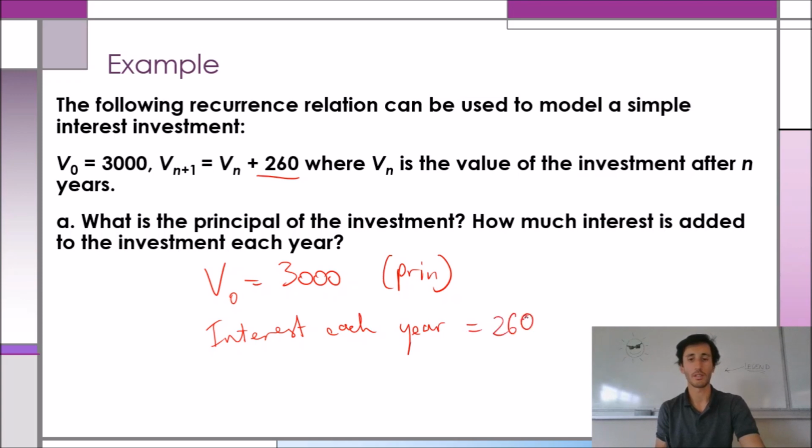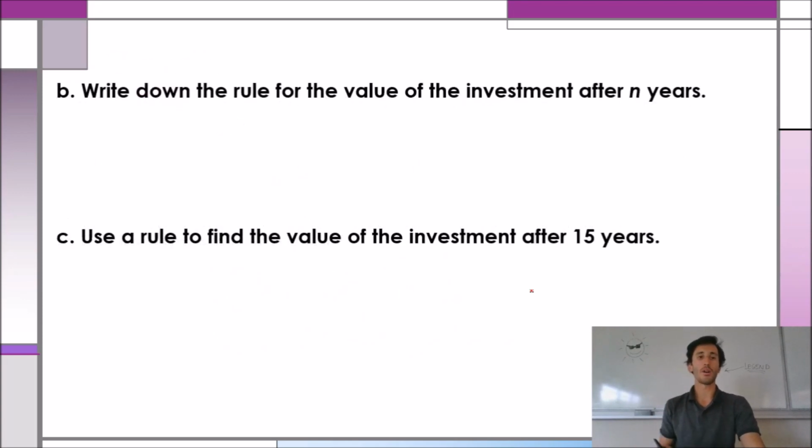All right, write down the rule for the value of the investment after n years. Well, we know it's simple interest. So Vn equals V0 plus ND. That's the rule. We need to write down a specific rule though. This is our general formula.